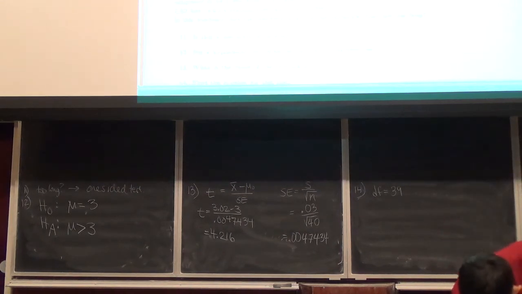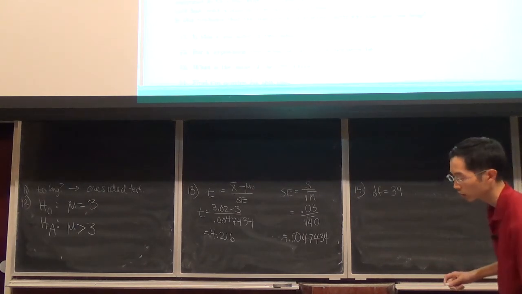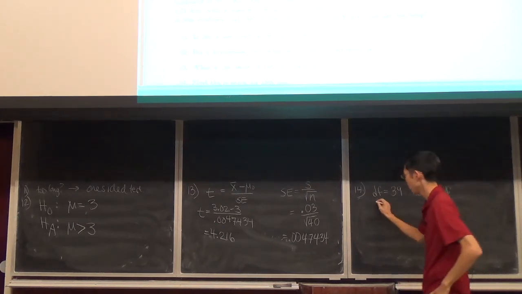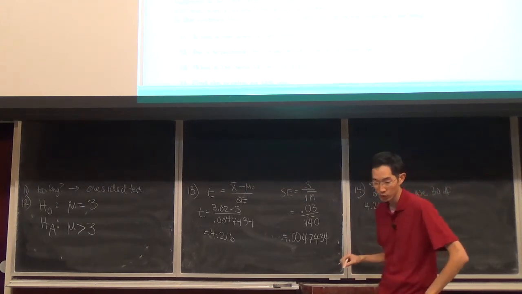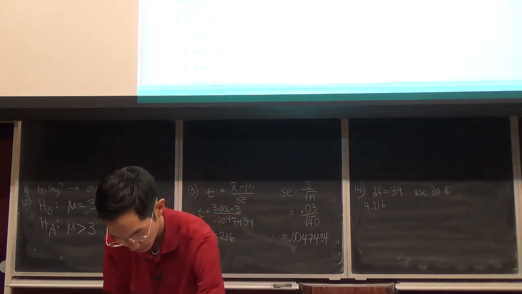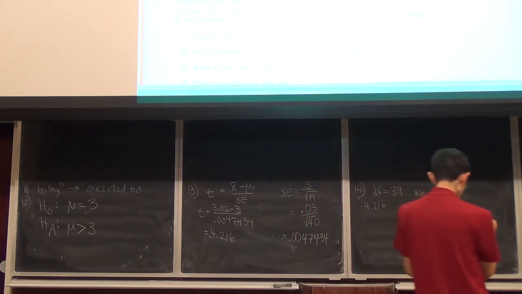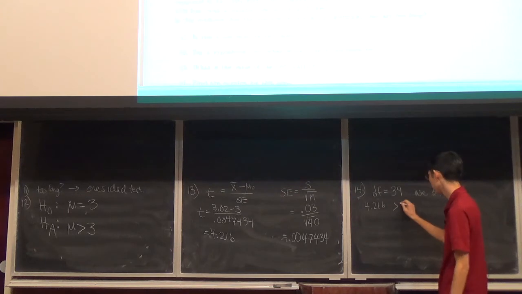But the table doesn't have 39 degrees of freedom, so what do we use? We round down and use 30 degrees of freedom. And our test statistic 4.216 is bigger than what we have at 30 degrees of freedom. The largest number that we have is 3.385.